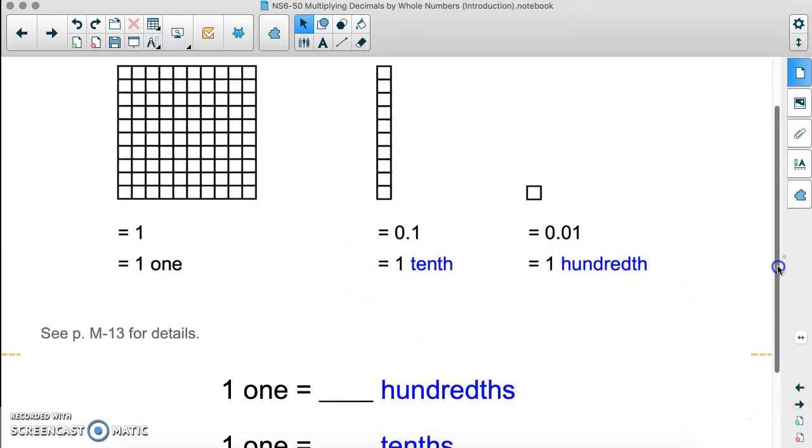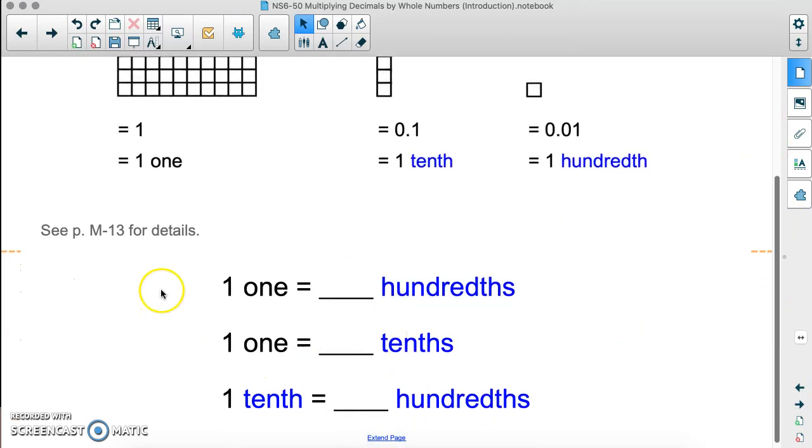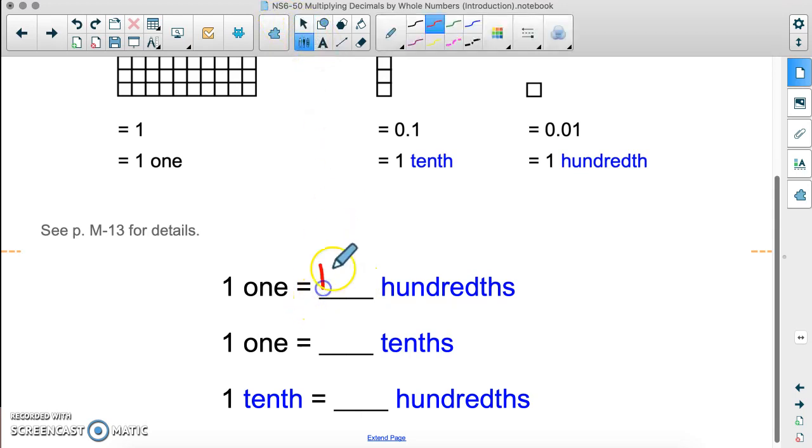Sorry, I'm going too fast here. So if I have 1, how many hundredths do I have? Well, if I have 1, I have 100 of these tiny little blocks to make up for it. If I have 1, I have 10 tenths. And if I have 1/10, I have 10 hundredths.